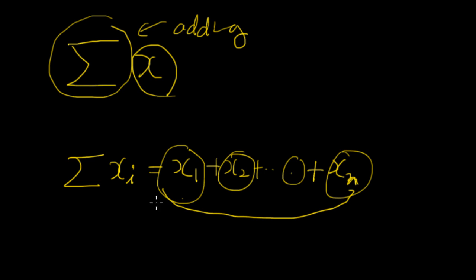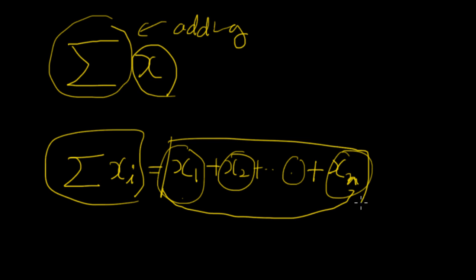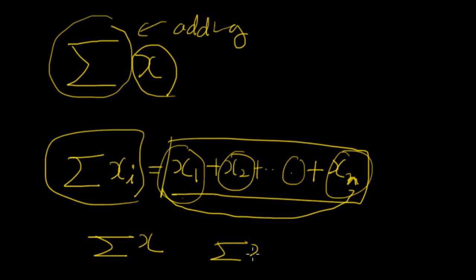You could write it all out, but it is long and you have to write a lot of different symbols and letters. If you just write sigma x, or sometimes with the i, that automatically means you are adding up all that.